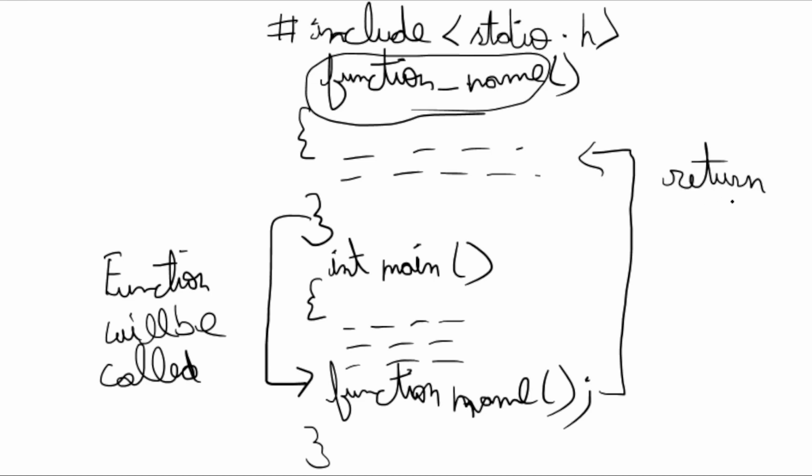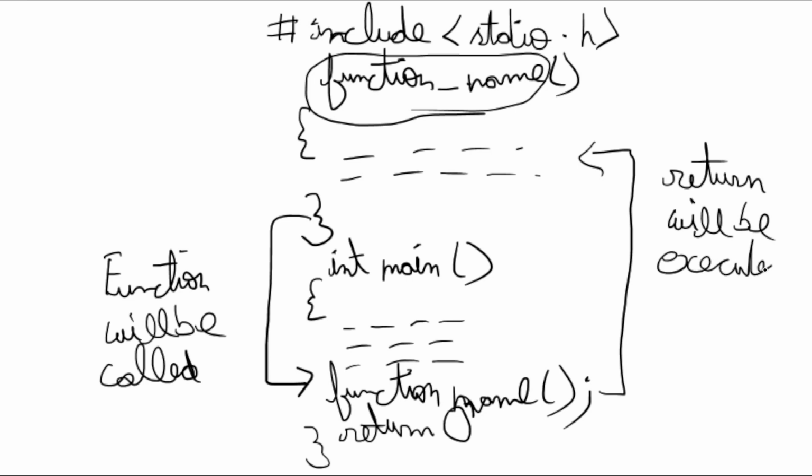When the code is executed, the return will be applied here, meaning your return 0 from here. If you define a return here also, then the return will come up to here and stop the program or stop the execution. Return will be executed.